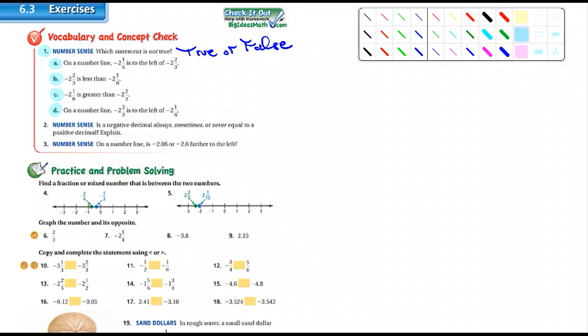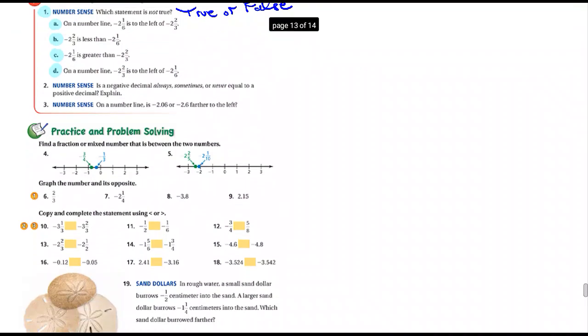Like F for false and T for true? I'm fine with that. If you just want to put T for true and F for false, that's fine. That's still not what you're asking. Go ahead, keep going. So, say C was false. Couldn't you just write C for number 1? Nope. I want you to put true or false, or T or F. Okay? All right.